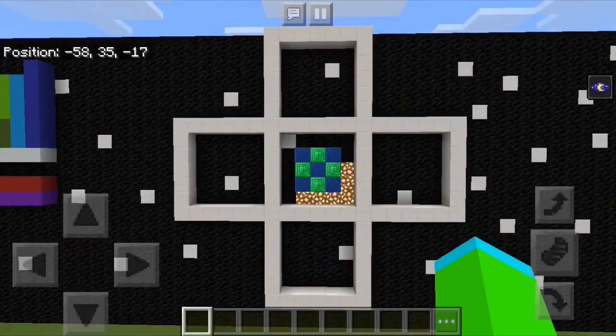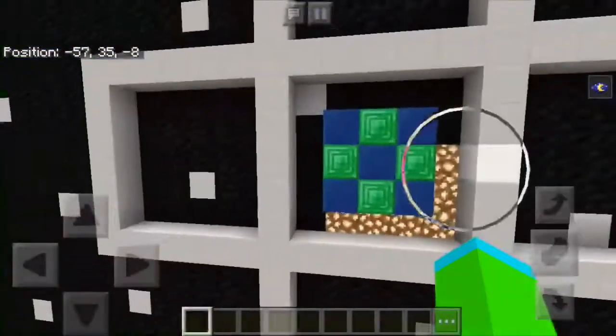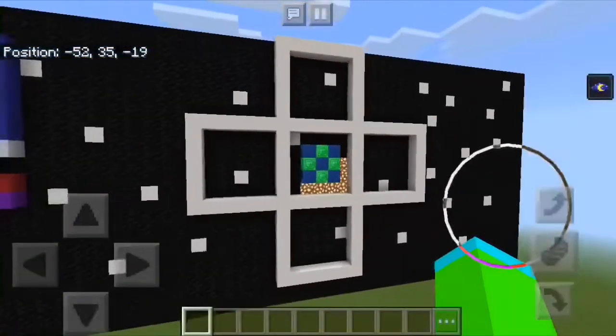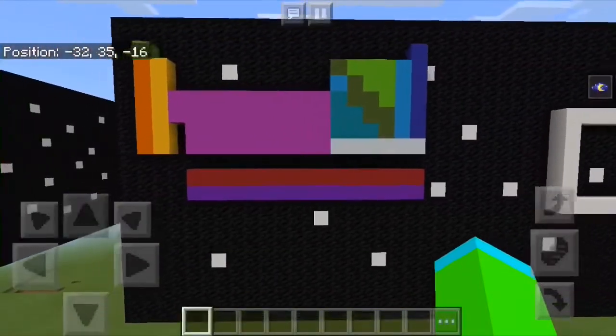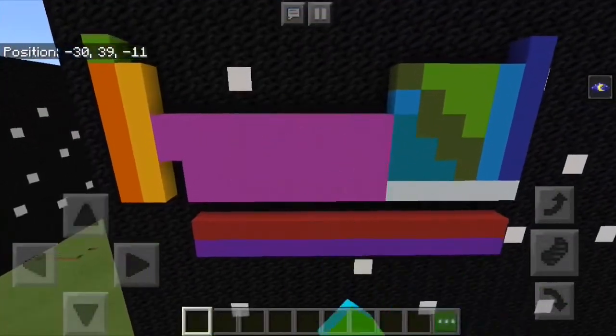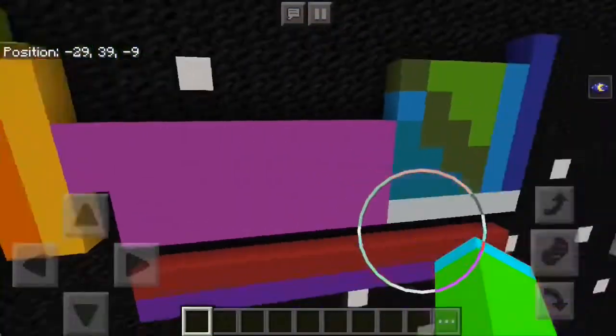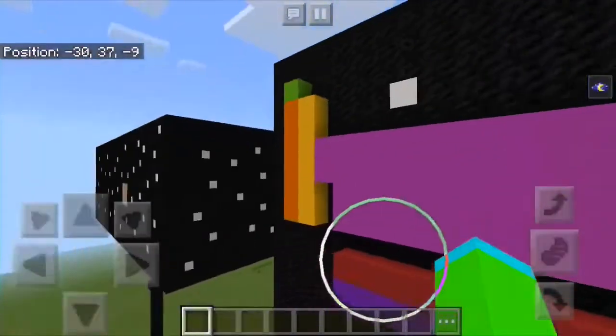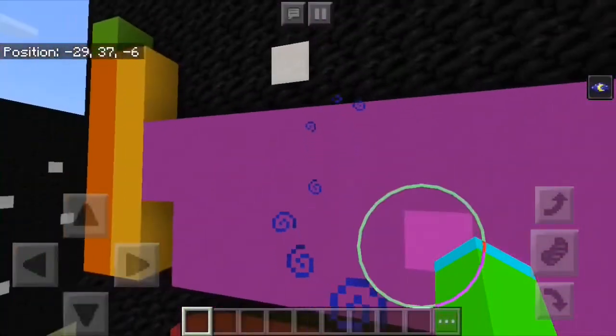Atoms are what make up matter. They consist of protons, neutrons, and electrons. The number of them determines the element, and there are 118 different elements. They're arranged into this diagram here called the periodic table.